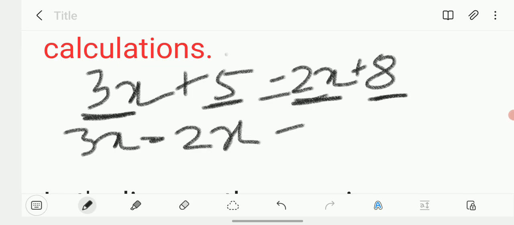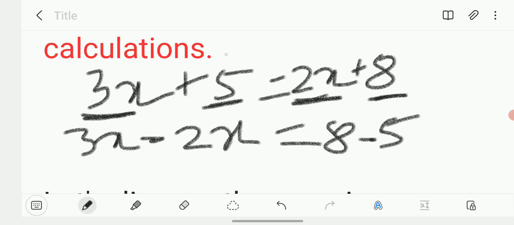I need to keep the 8, which is on the right hand side, as it is, and I need to transpose 5 as it is preceded by the positive sign. I need to change the sign because I am transposing it from the left hand side to the right hand side, so it will become minus 5.